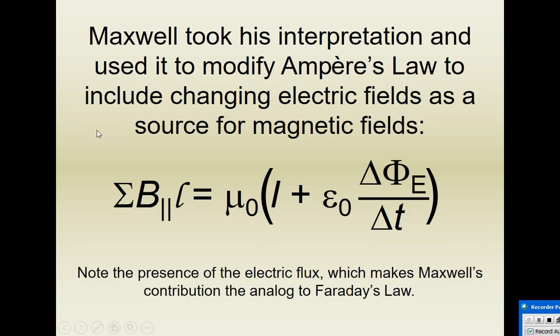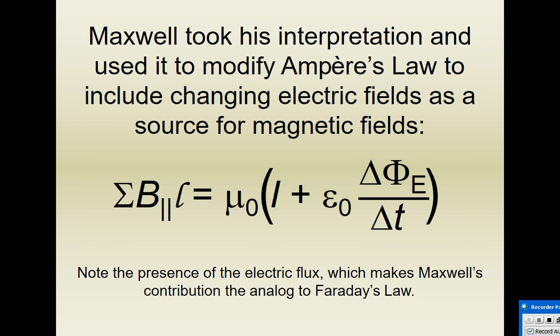So Maxwell's idea that a changing electric field can create a magnetic field prompted him to modify Ampere's law. Now, Ampere's law is basically how a current creates a magnetic field. But Maxwell said, okay, yeah, current creates a magnetic field, but we should also be able to say that just a changing electric field can create a magnetic field.